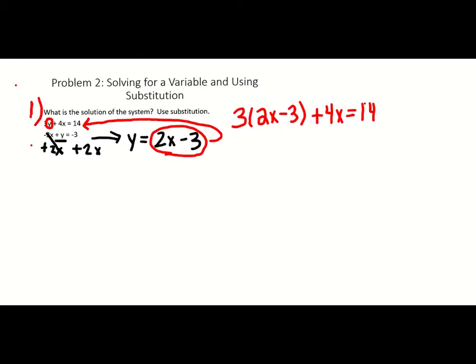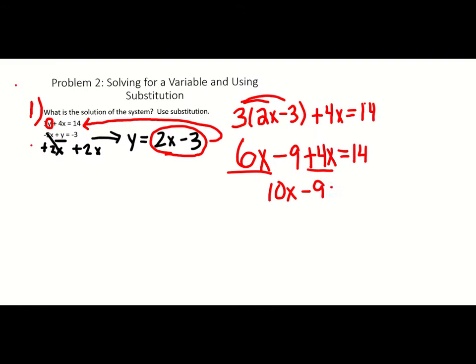Once I've put my two equations together, I've substituted into the other one. I'm going to solve that equation to figure out my value. So 3 times 2x is 6x. 3 times negative 3 is negative 9. Drop down plus 4x equals 14. Combine my like terms, that's 10x minus 9 equals 14. Add 9 to both sides.